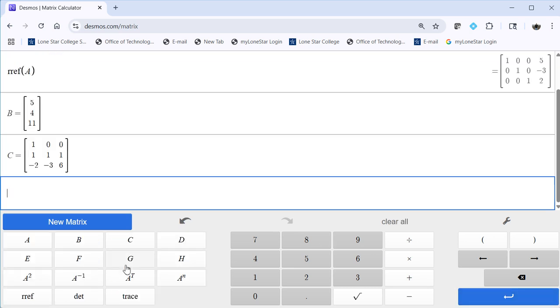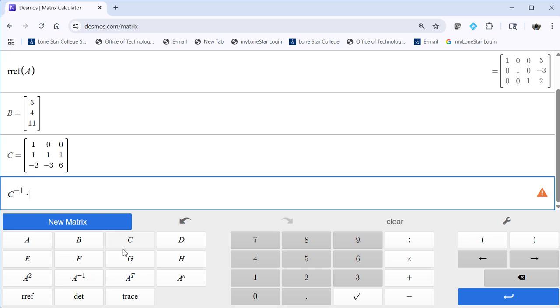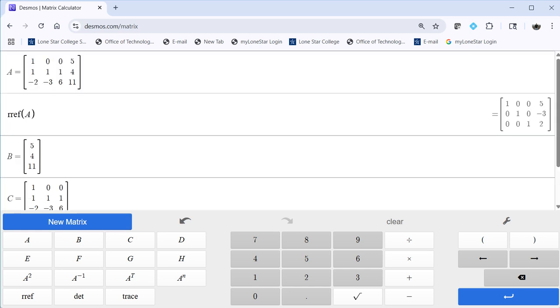Notice that if I find the inverse of that matrix, it's giving me some big crazy numbers, right? But look at this. If I take that and I multiply it by B, then it gives me the same answer. So that's the inverse method that was being used, versus we can just use systems.